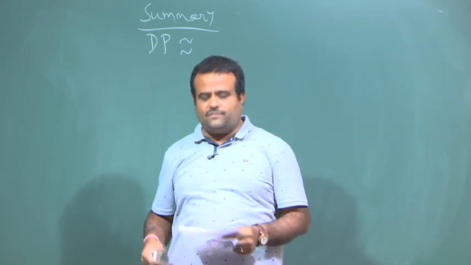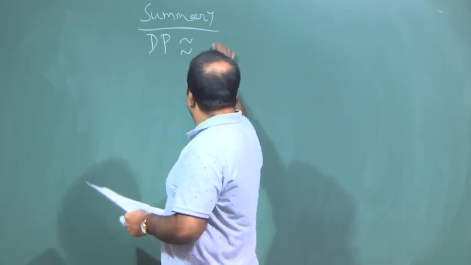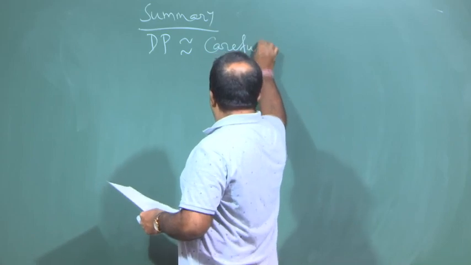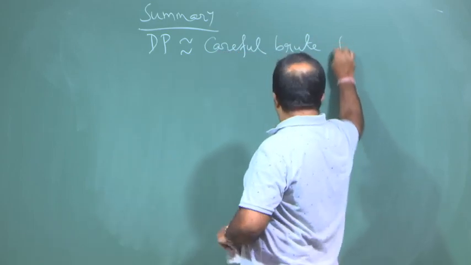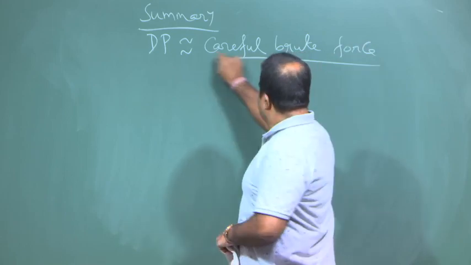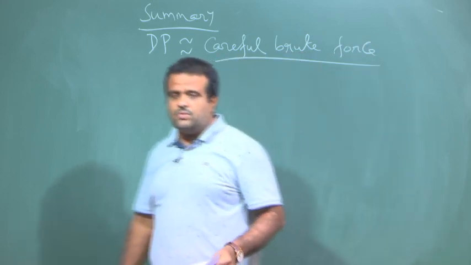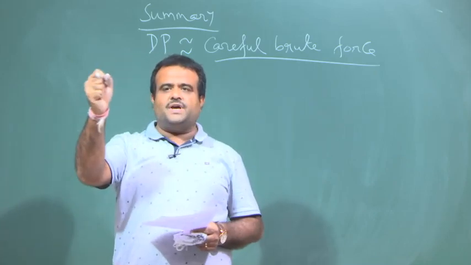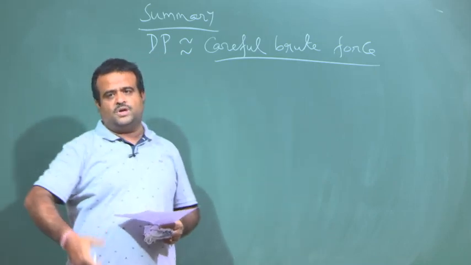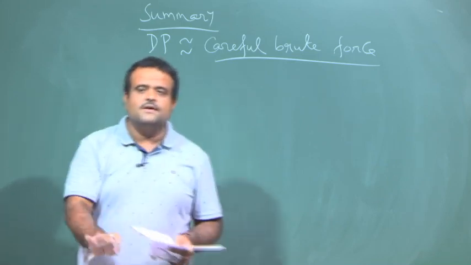It is basically careful brute force, careful exhaustive search. In exhaustive search we have exponential space, and from there we are going to carefully reduce it to polynomial space.